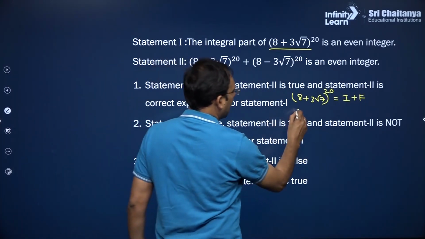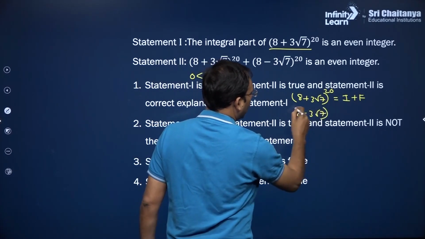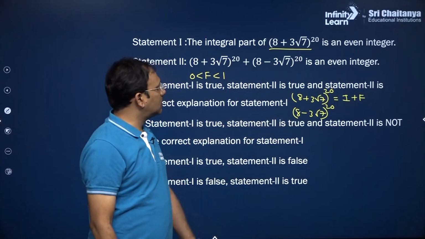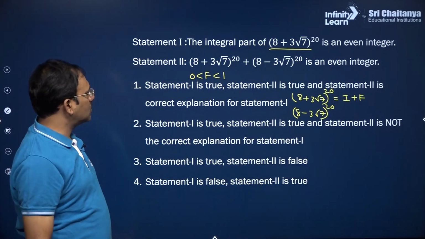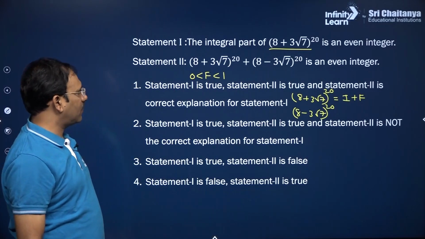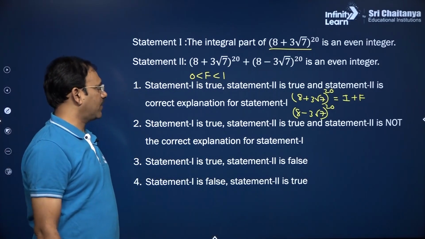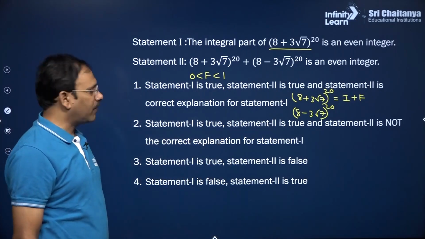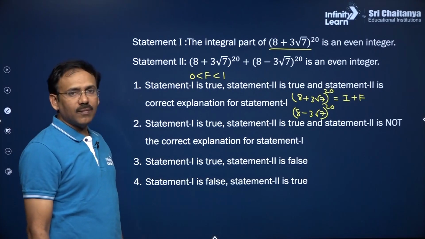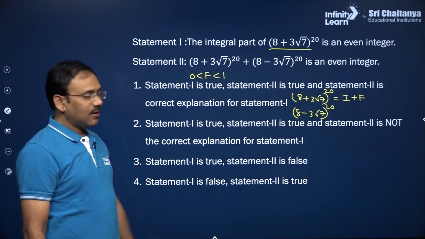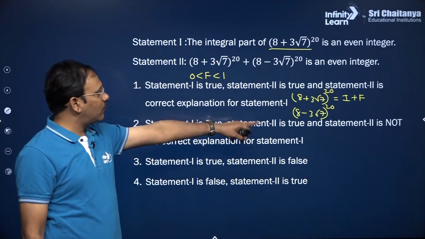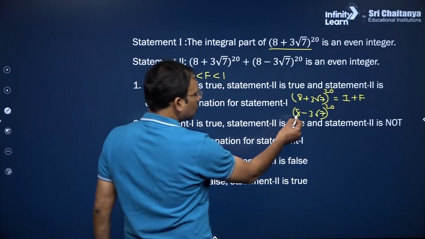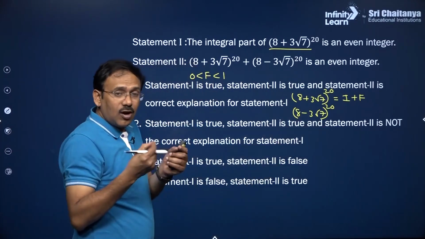Now you consider 8 minus 3 root 7 whole power 20. This is 64, and 3 root 7 is root 63, so 8 minus 3 root 7 is root 64 minus root 63, they are almost the same.